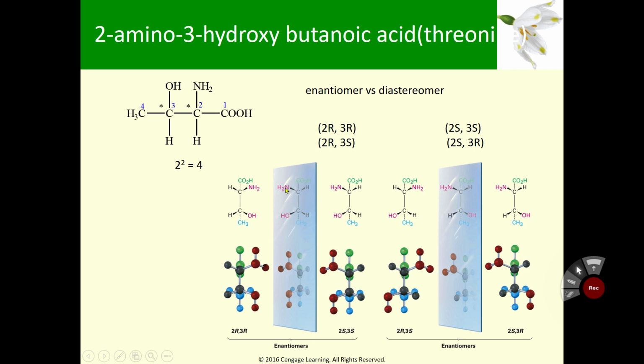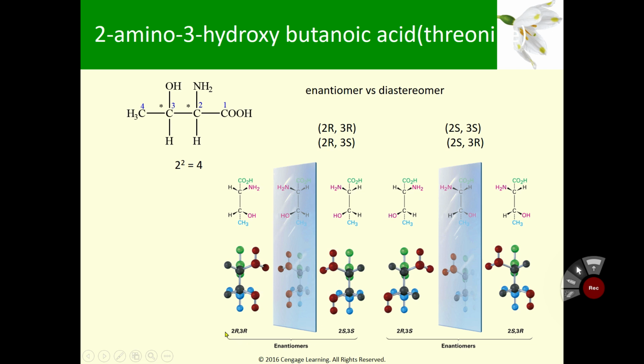This is the mirror image. Okay, let's consider this is a mirror, and this is a mirror image. All right, and so this compound has a structure like this. Because they are in a mirror image relationship, 2R will be changed into S, and this 3R will also be changed into S, because they are in a mirror image.